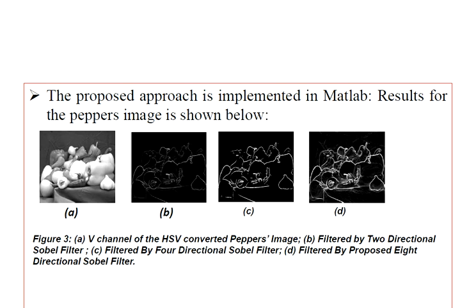Then this V is filtered with the two directional Sobel filter that we usually have in our image processing tools. But I myself proposed one improved version of Sobel filter, that is a multi-directional Sobel filter, and regarding that method you will find the link in the description box, so you may go and find it for your interest regarding research on edge detection algorithms.